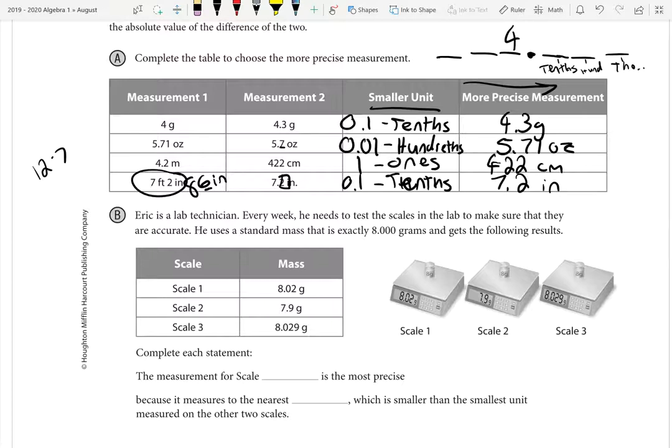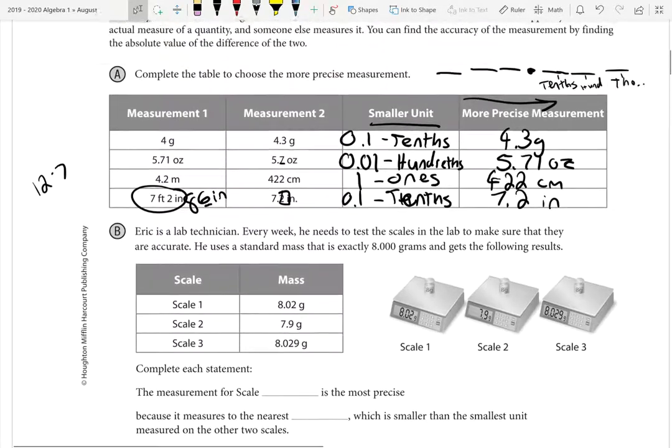So the one that goes over to the tenths place wins because it's further over to the right on that scale. And again, 5.7 compared to 5.71. 5.7 goes to the tenths place, but 5.71 goes to the hundredths place, which means obviously 5.71 has gone further to the right on the scale and therefore wins in the more precise measurement category.